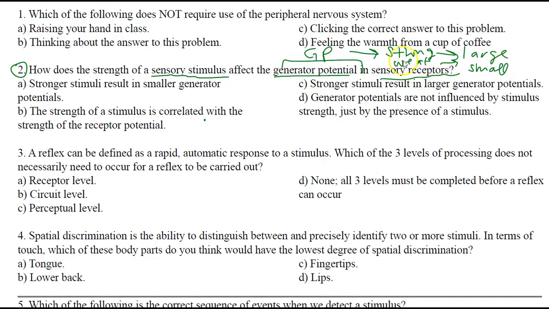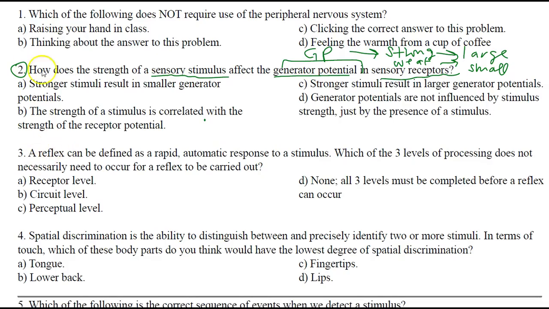Now, with strong and weak, you can also say large and large, small and small. It is up to you. I'm thinking strong stimulus, large graded potential, weak stimulus, small. But if some folks say I have a large stimulus and a large graded potential, or a small stimulus and a small graded potential, that's not going to be a problem either. So our goal is to see how the strength of a stimulus affects the graded potential in sensory receptors. We already know strong is going to give us a larger one. Weak is going to give us a smaller one.